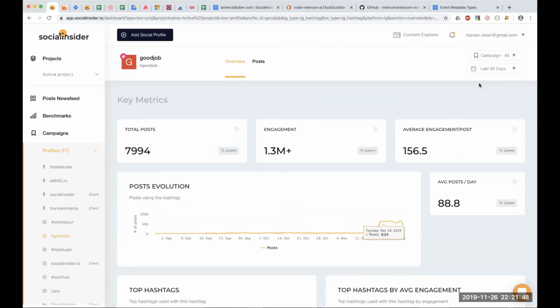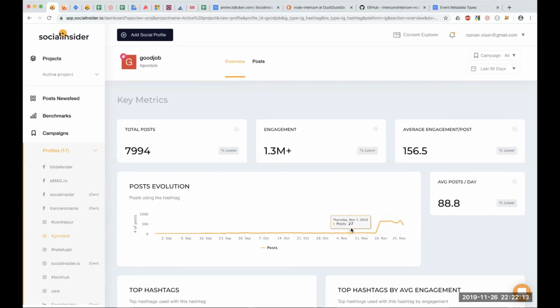This hashtag was added, as you can see, on the 18th of November. In that first day, we got 600 posts, and in each subsequent day, we got around 500 or 600 posts in that particular day. So nothing new here.